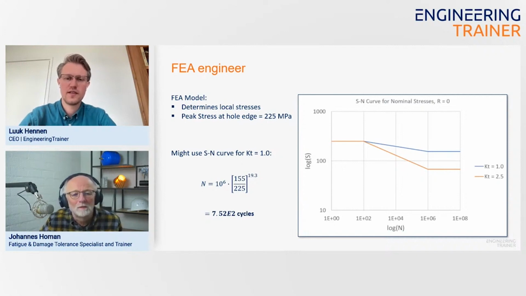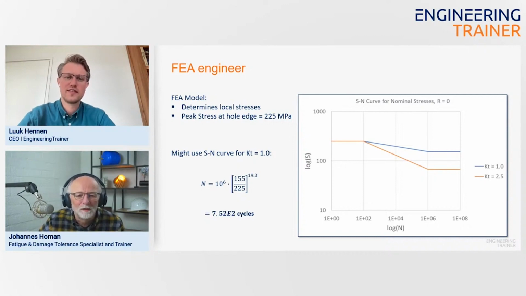Then we have a higher fatigue limit, but also a higher applied load, 225 MPa, somewhere here. Well, it's a logarithmic scale, so it's somewhere here. You calculate it again with the formula. You have a different slope here, so a different exponent. And basically you find a somewhat different answer.